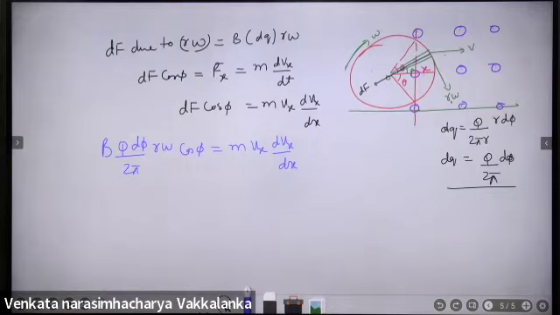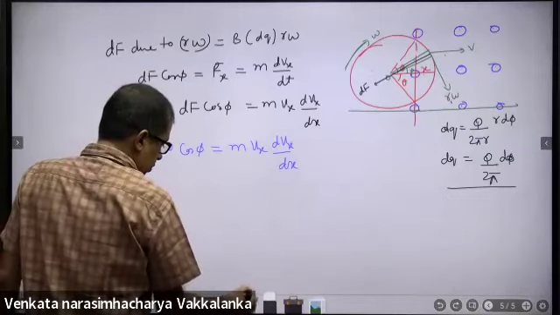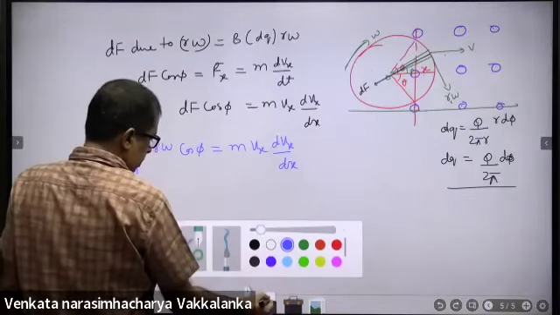Yes, sir. First of all, I should calculate Fx before going for m dVx by Vx. Wait, I'll have to calculate Fx first. DF cos phi from 0 to theta. Fx, right? I will rub this part of it.